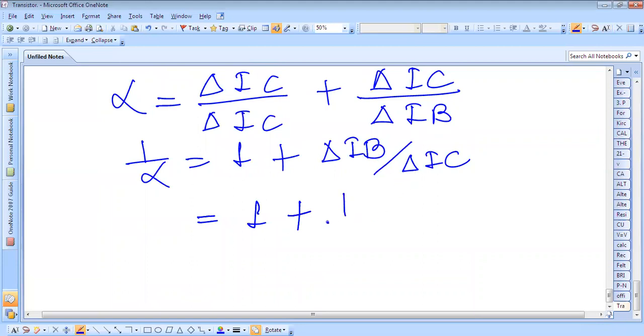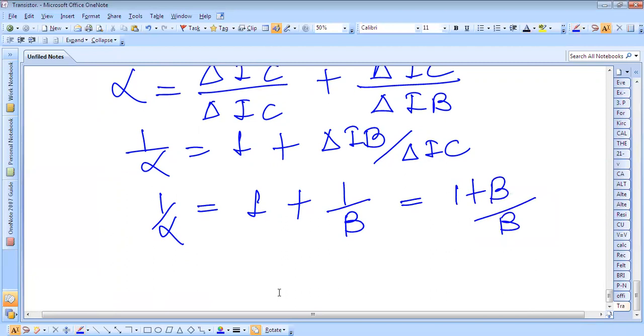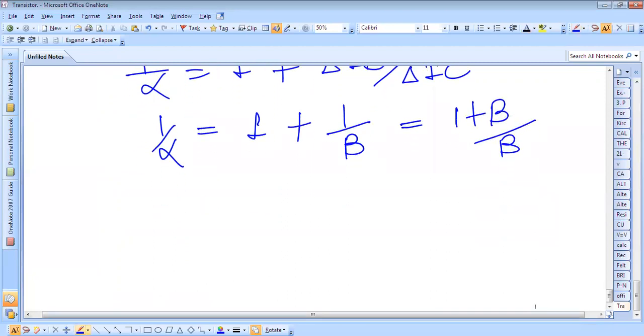This is nothing but the current amplification factor for the common emitter circuit, and this is 1 by alpha, and therefore this is 1 plus beta by beta, and therefore alpha is equal to beta upon 1 plus beta.